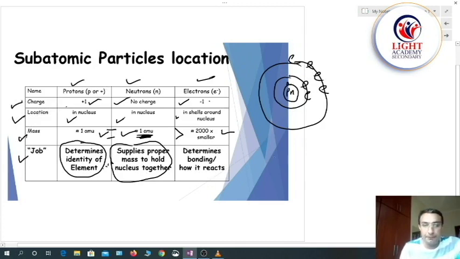Since electrons are very, very light compared to protons and neutrons, the majority of the mass of an atom is supplied by protons and neutrons.